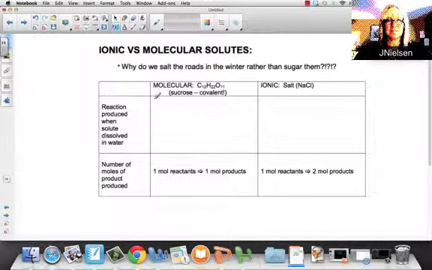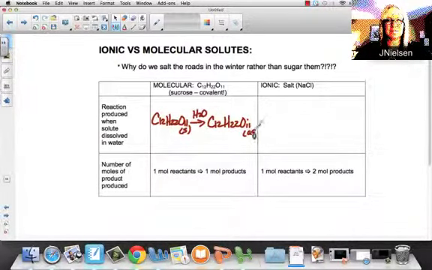So why do we salt roads in the winter rather than sugar them? Well, let's look at sugar. When we take sucrose, which is covalent, C12H22O11, and we put it in water, so this is your solid, it dissolves and it still stays intact, C12H22O11, and that's aqueous.